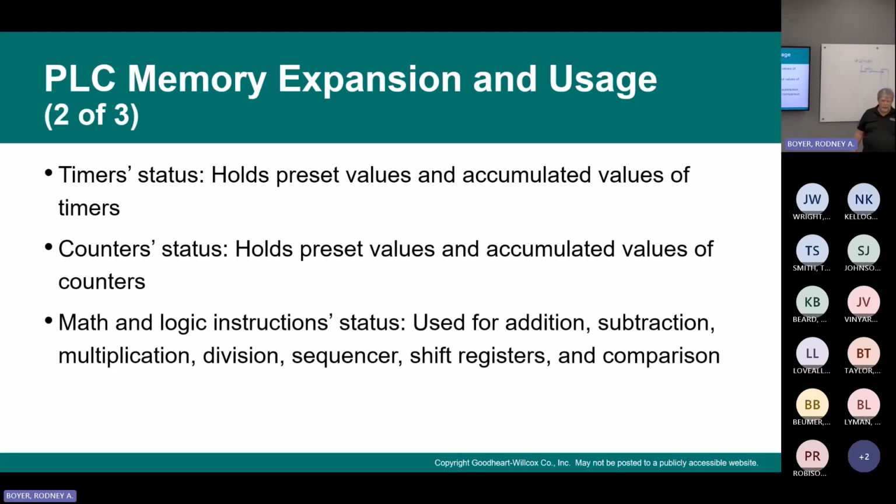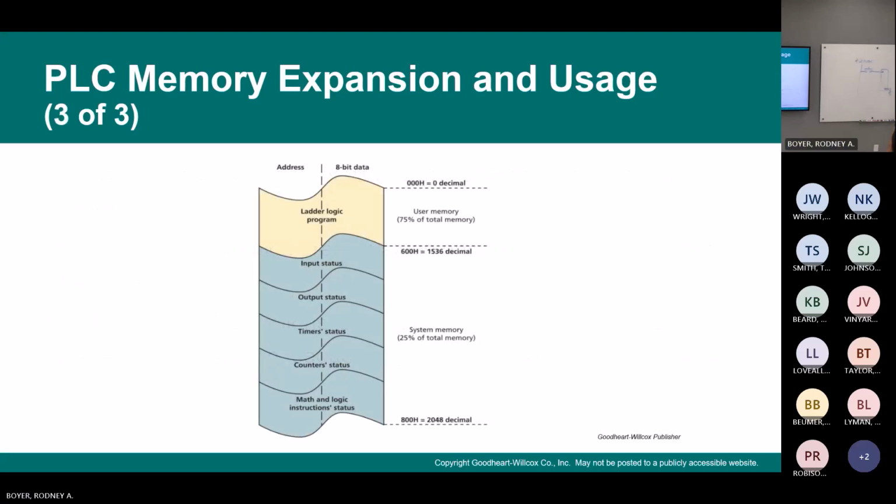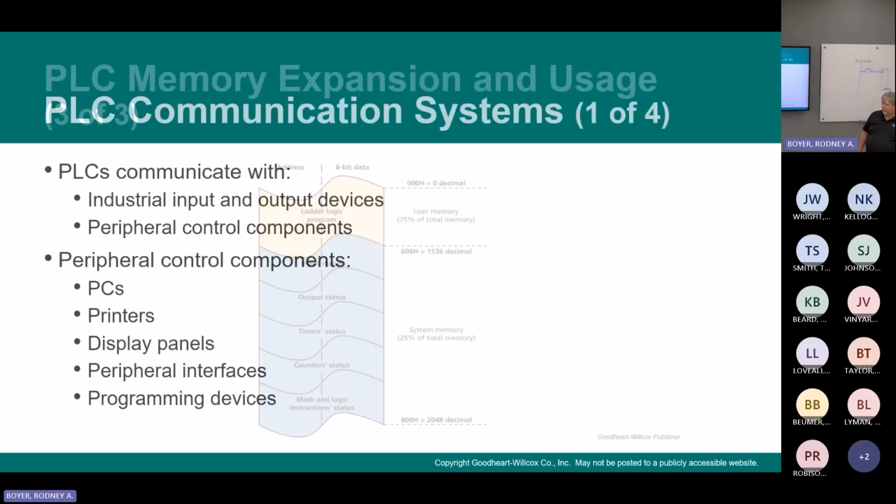That's a special part of the memory where the ALU and the logic functions store their temporary data. That's just a layout of how the memory is segregated in the controller.